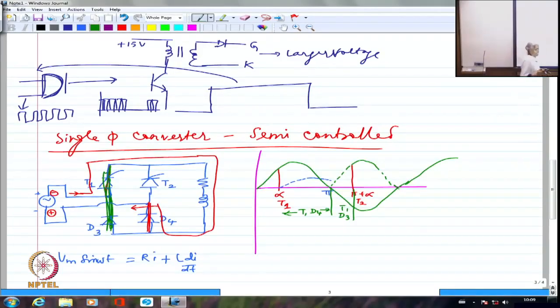T1 is already conducting. If any thyristor device is conducting, to turn it off, you have to follow two conditions in sequence. The first and foremost condition has to be that the current has to be less than the holding current. That's not happening. So T1 will not care. It will say, as long as I am having the current, I will continue.